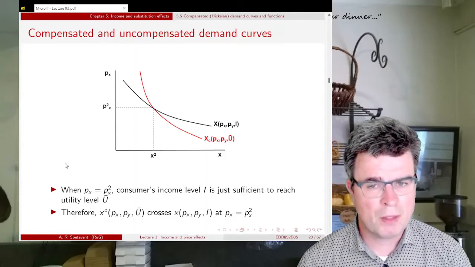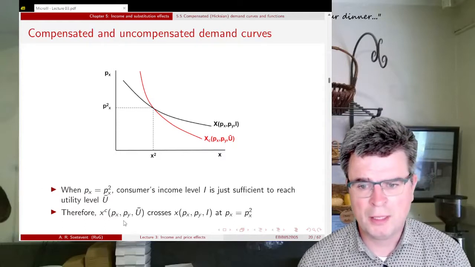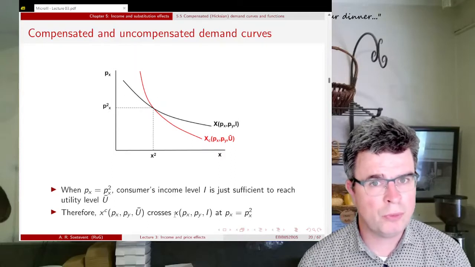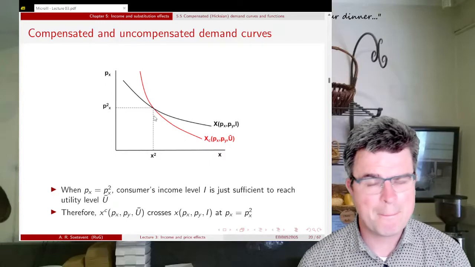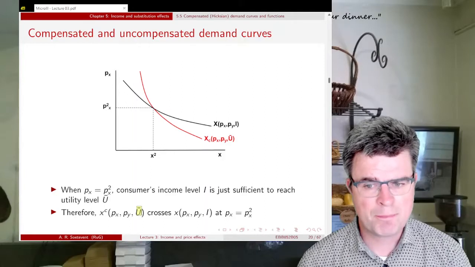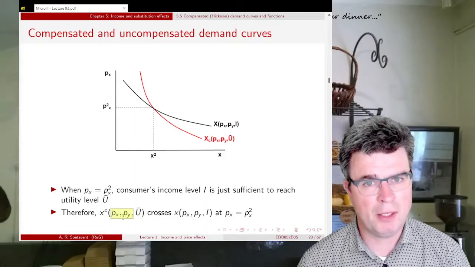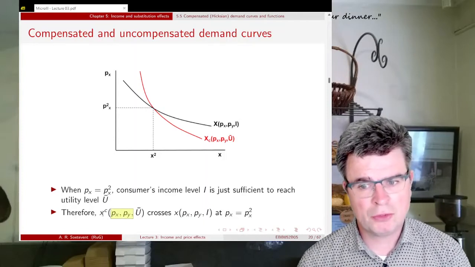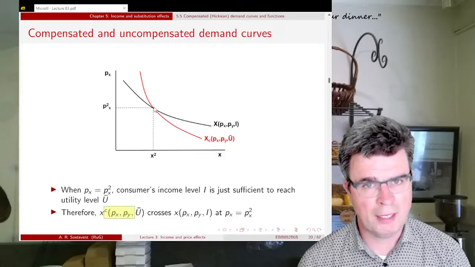Now, under those assumptions, it automatically follows that the compensated demand function is equal to the uncompensated demand curve. So they are exactly at the same consumption bundle. So given that I want to obtain a utility level U bar and I face prices Px and Py, I minimize my expenditures by buying XC units of good X.